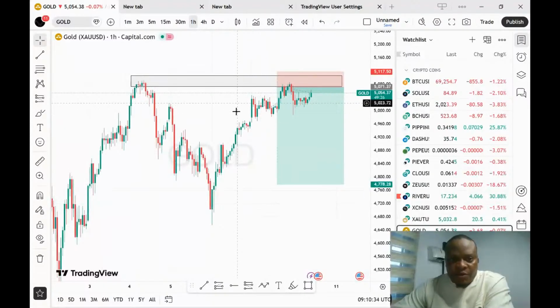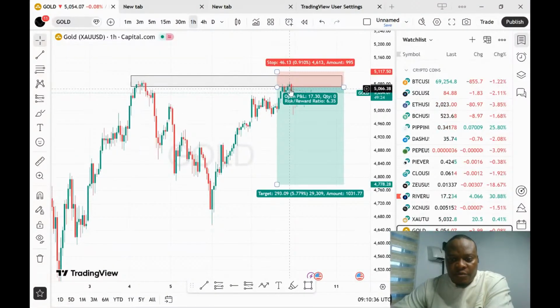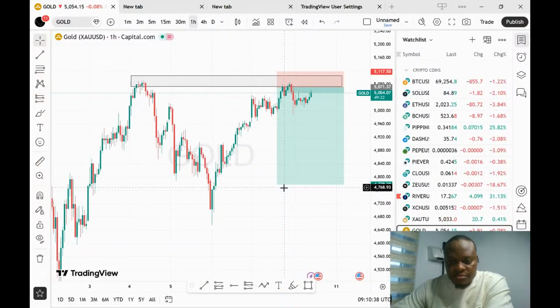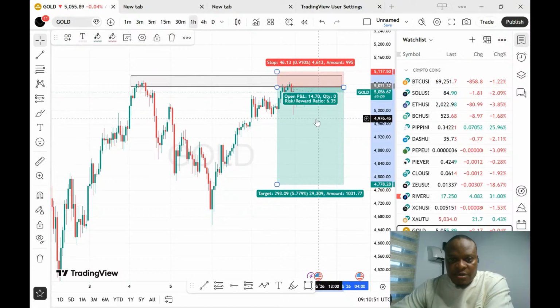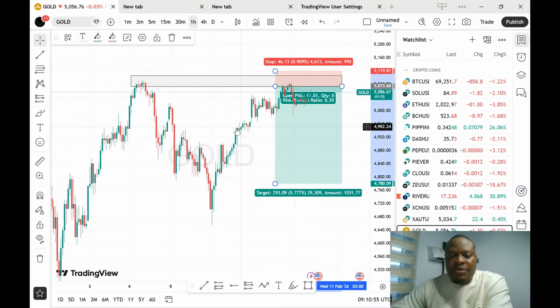So I waited for price to tap this order block for a sell. You can see price first did a small pullback and now it's going to tap it again. So price rewards the sell afterwards, after tapping the order block.